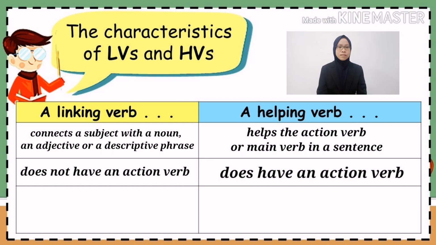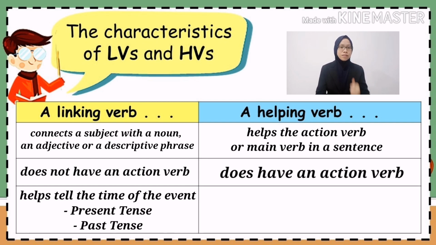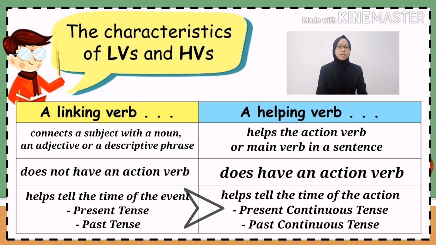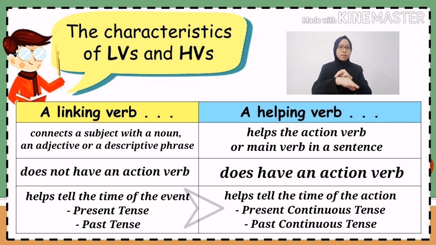Last but not least, a linking verb helps tell the time of the event. Here, we must use either a present tense or a past tense linking verb in a sentence. On the other hand, a helping verb helps tell the time of the action.